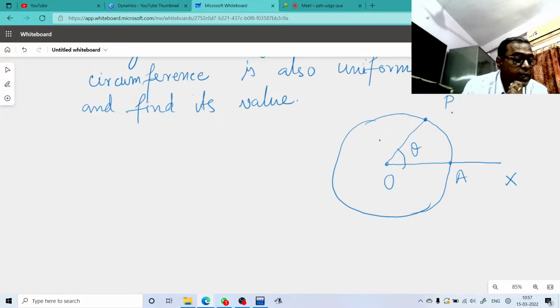Now B is another point on the circumference, and the particle is moving in this direction.